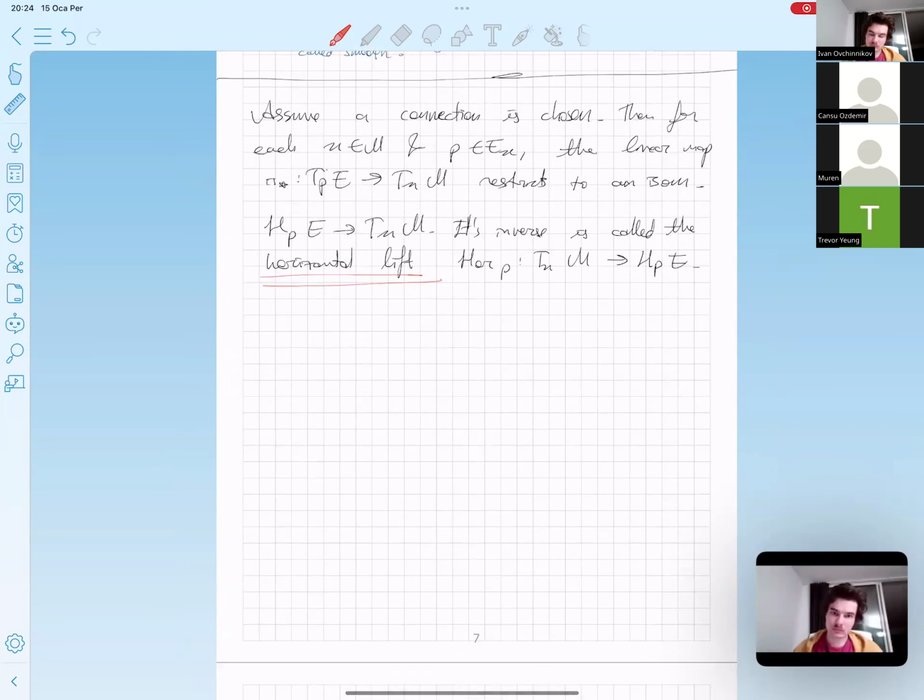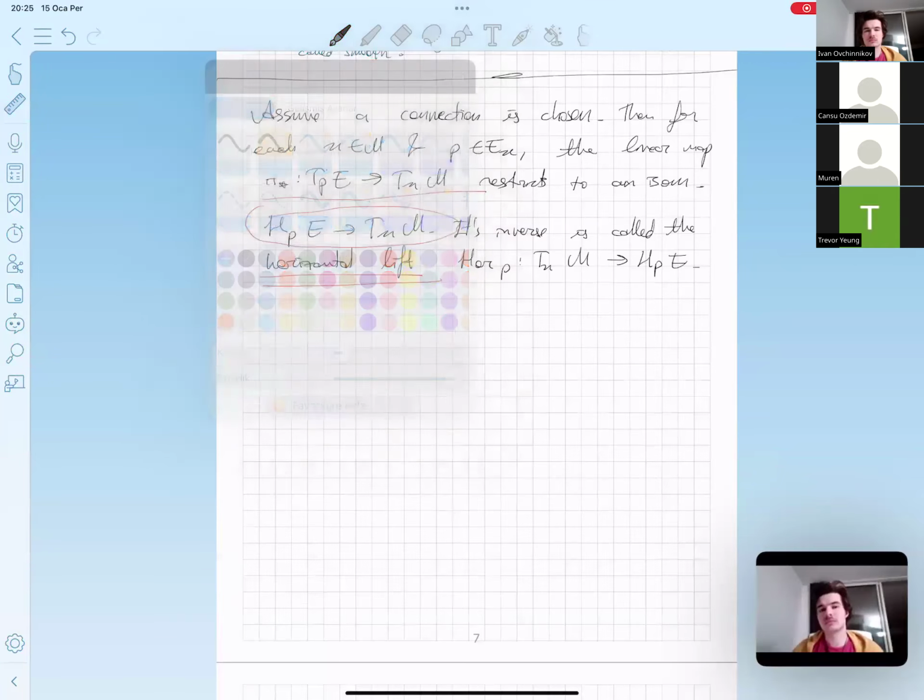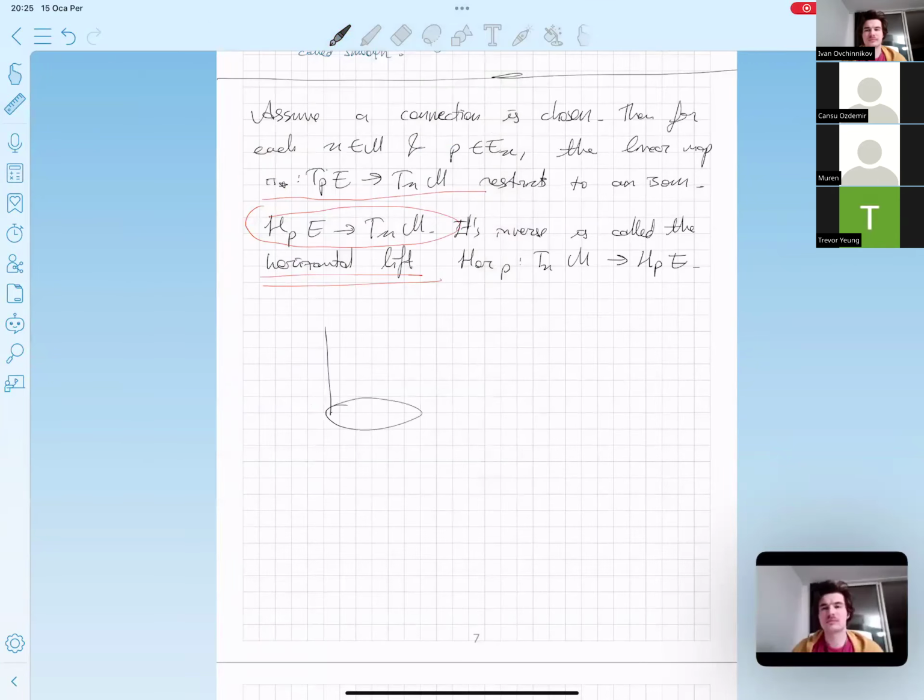Okay. What did we say? We say that this restricts to an isomorphism. Now, you can ask why. Let's draw. This is E. This is M. This is X. This is E_x.